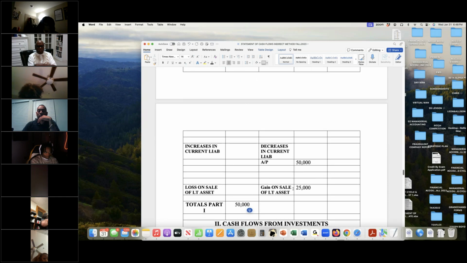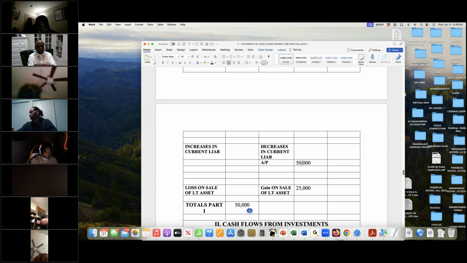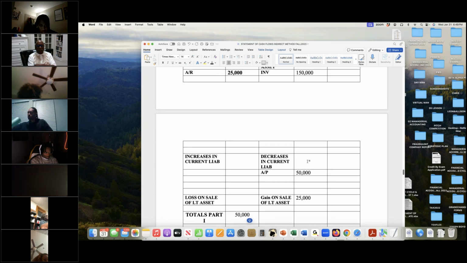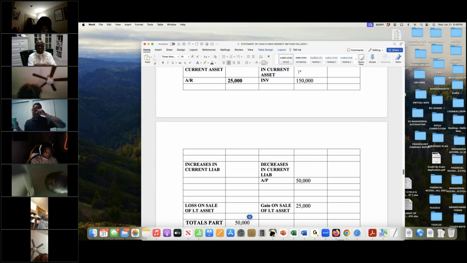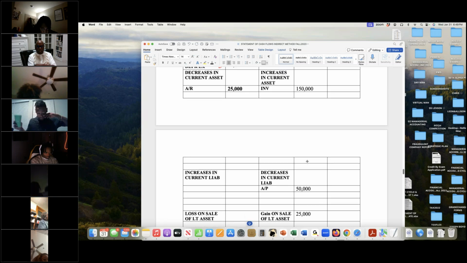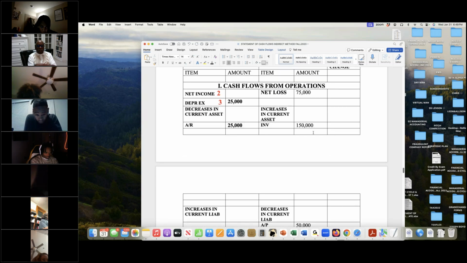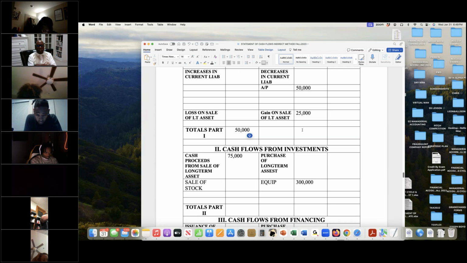We had this gain, which we had to add back. We didn't want that there. We had the 50 that we used cash here, and 150 here, so that's 200, 225. So therefore, from operations, we had a minus 250,000.